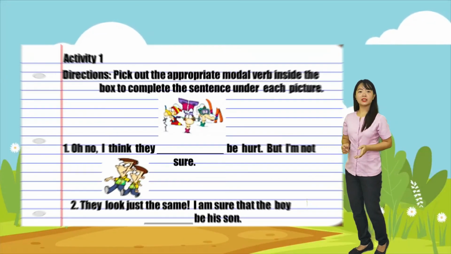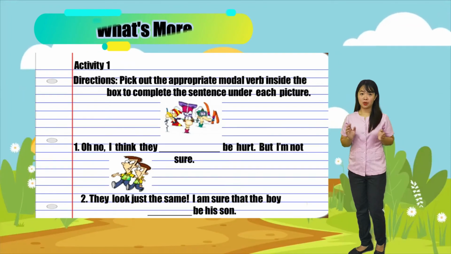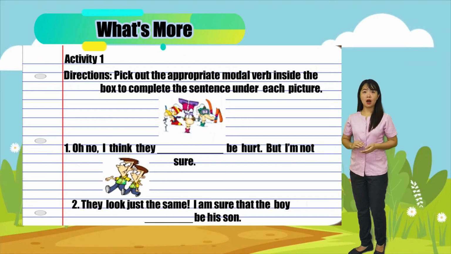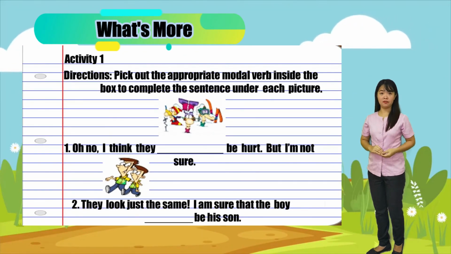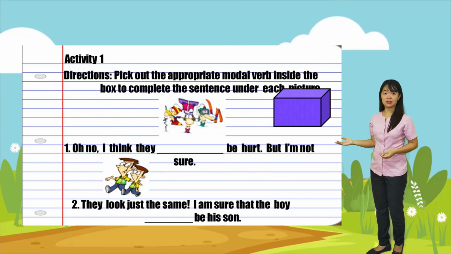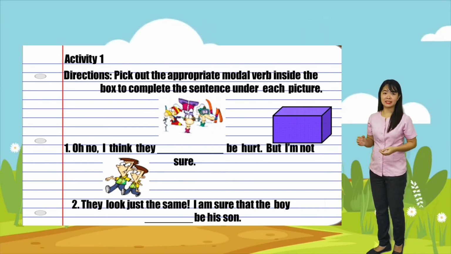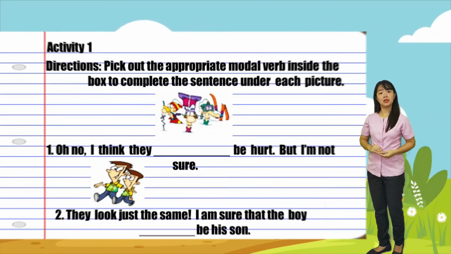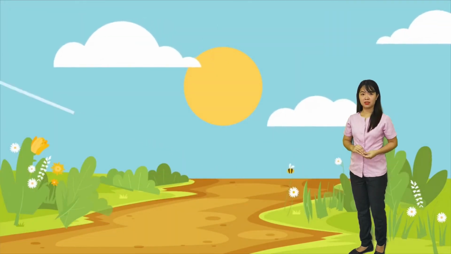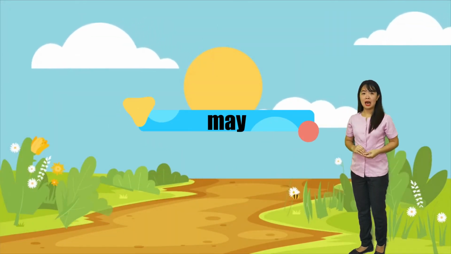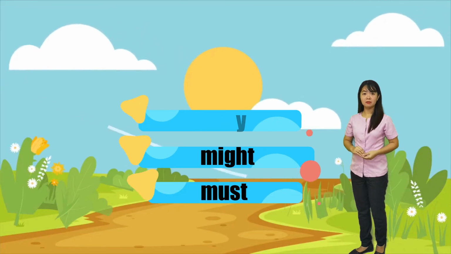Now let's do Activity 1. Directions. Pick out the appropriate modal verb inside the box to complete the sentence under each picture. The modal verbs are may, might, and must.